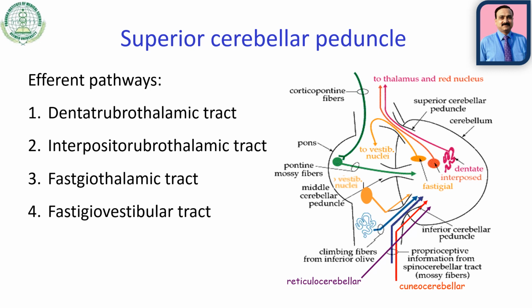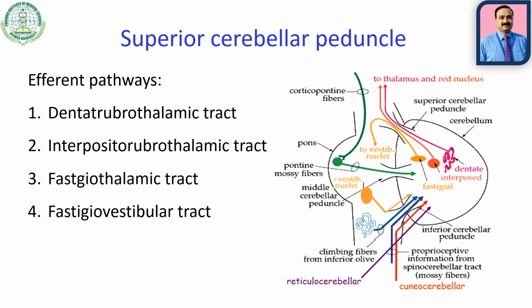Mainly efferent. So the fibers which are connecting the cerebellum through the superior cerebellar peduncle are the dentato-rubrothalamic tract. You can see here, this is the dentate nucleus. From here it will go to the red nucleus of the midbrain and then to the thalamus.